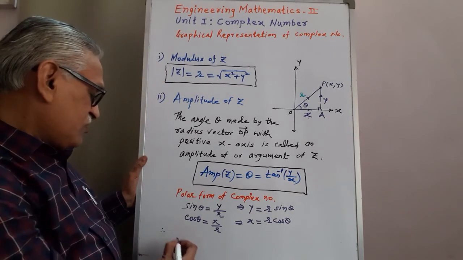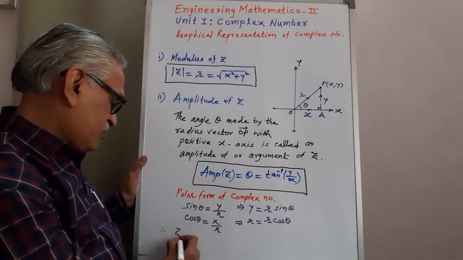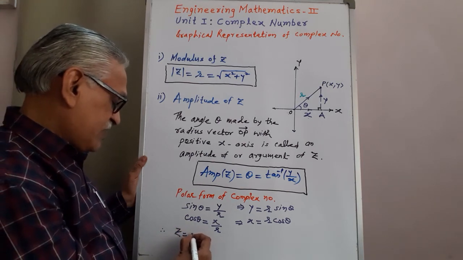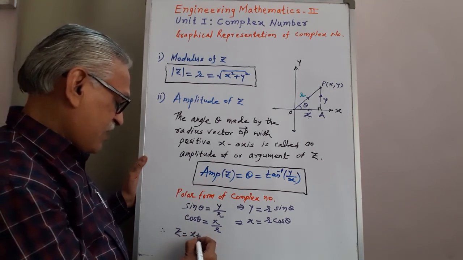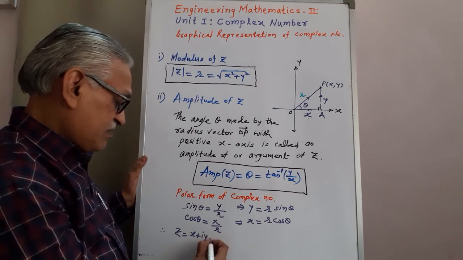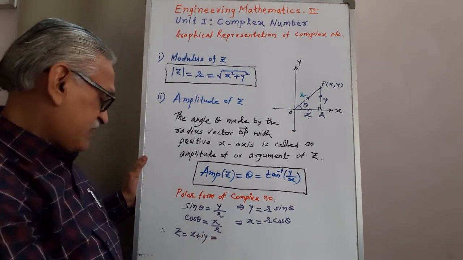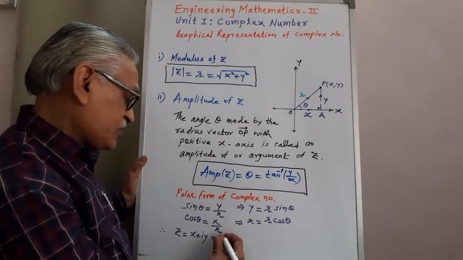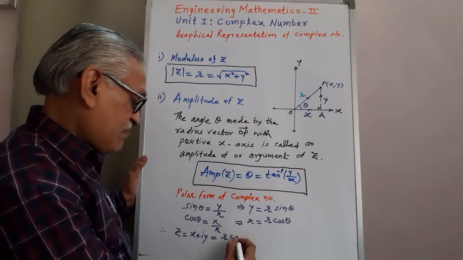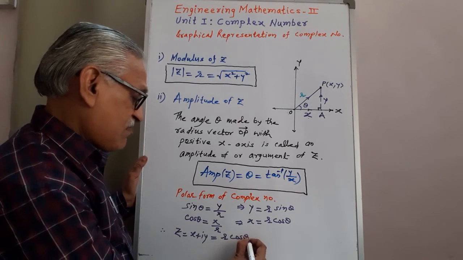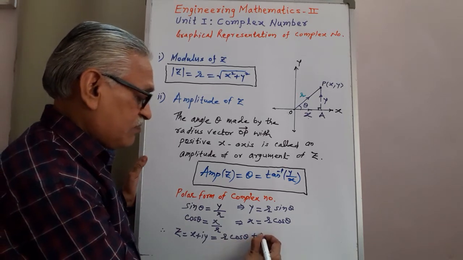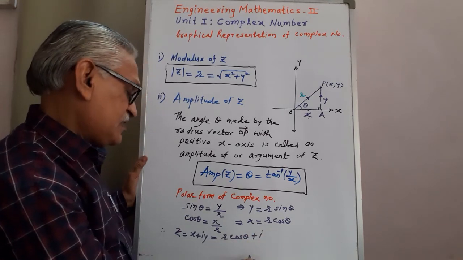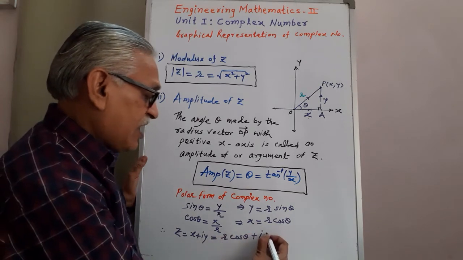And therefore if we put those values in the complex number z as x plus iy, we get x means r cos theta plus i times y, which is r sin theta.